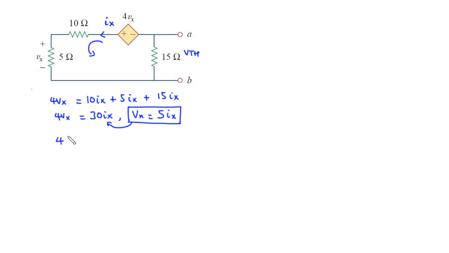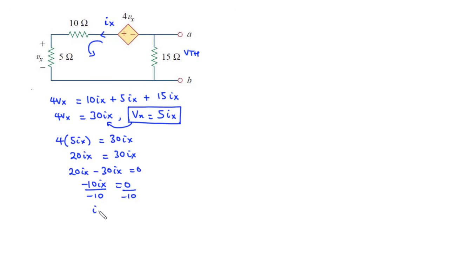So we have 4 times 5Ix equals 30Ix. Now this becomes 20Ix equals 30Ix. We transpose this to the left hand side. We have 20Ix minus 30Ix equals 0. So negative 10Ix equals 0. We divide through by negative 10, and then we have Ix to be equal to 0 amperes. So this is the value of Ix.